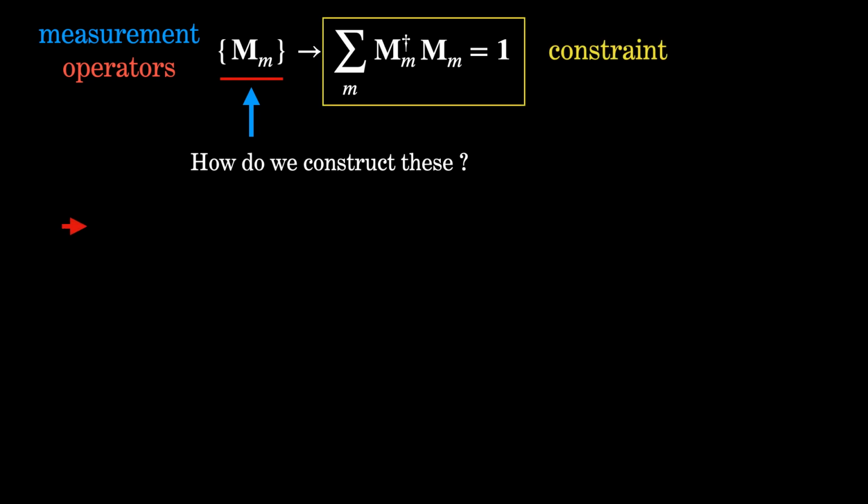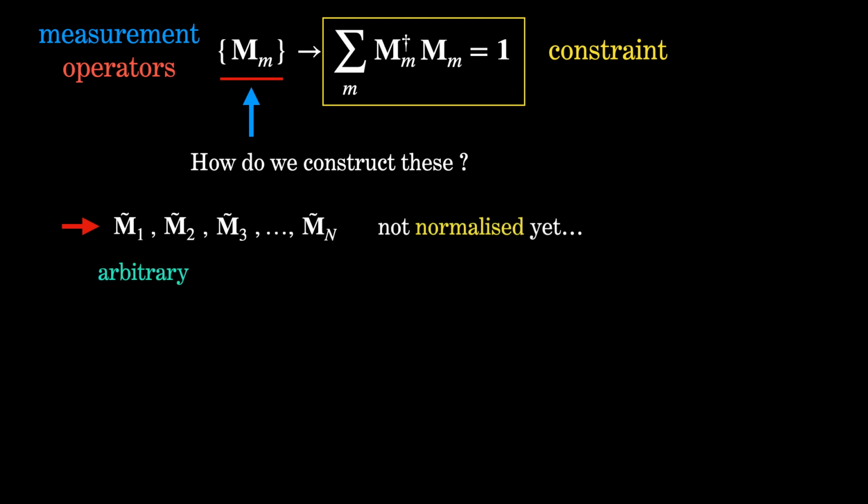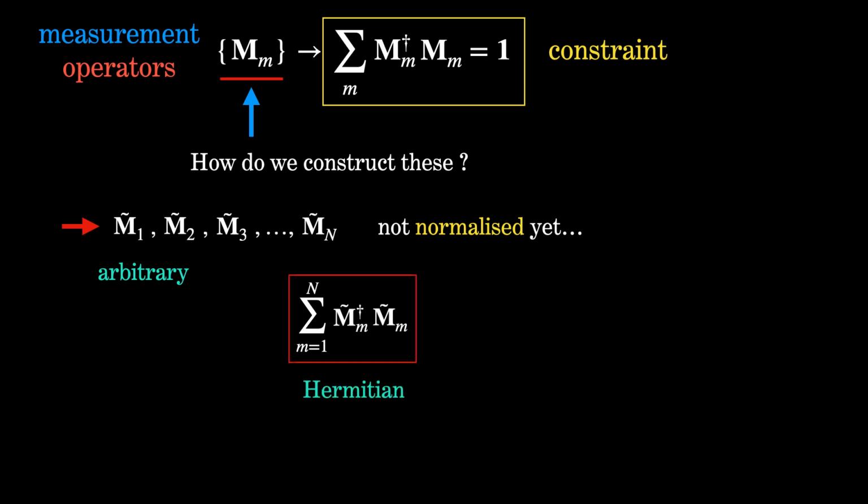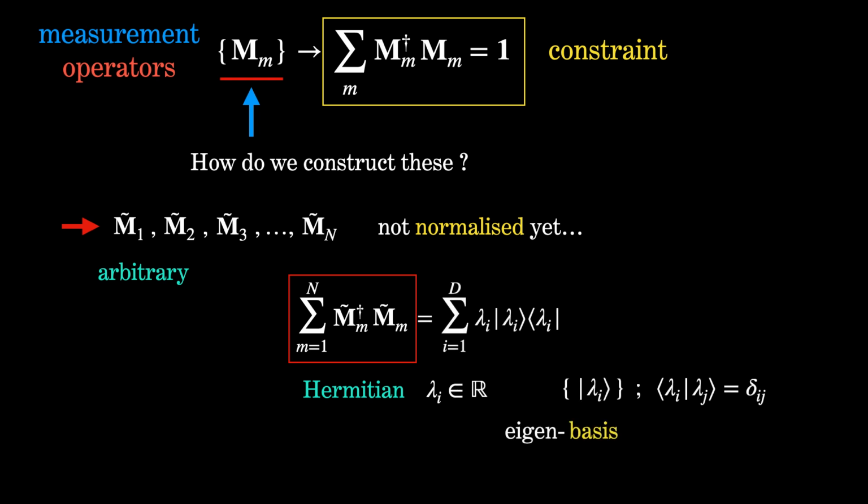Let's begin with an arbitrary set of operators that are not yet normalized and may not satisfy the constraint. We will show that by introducing an extra operator and rescaling the ones that we have, this new set would satisfy the constraint. First, notice that the sum of the combination M dagger M over the initial set of operators is a Hermitian operator, and so it can be expanded in terms of its eigenbasis with real eigenvalues.